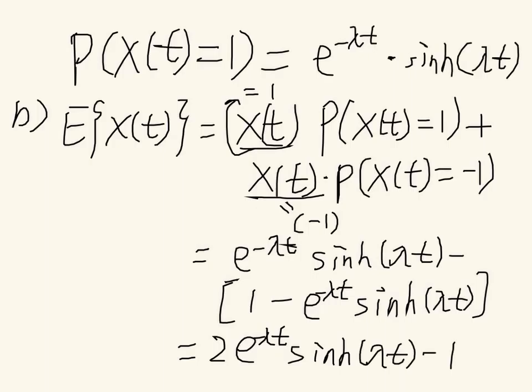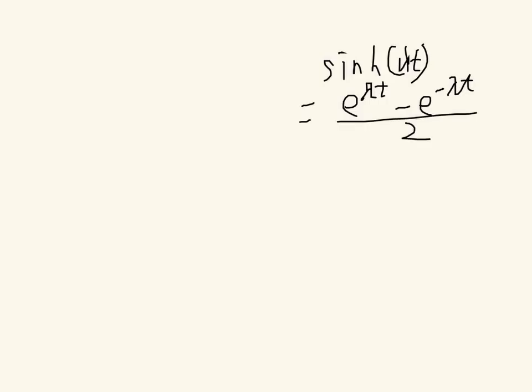Sinh of lambda t is equal to e to the lambda t minus e to the minus lambda t, over 2.